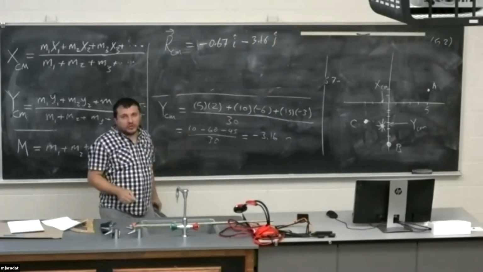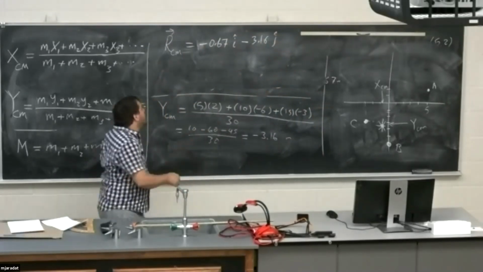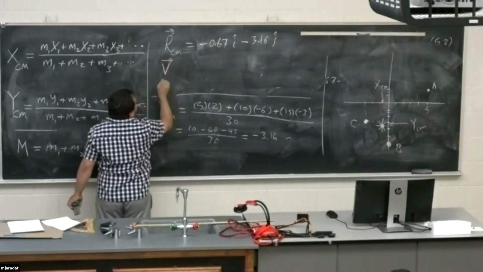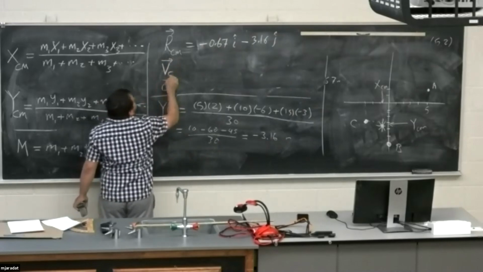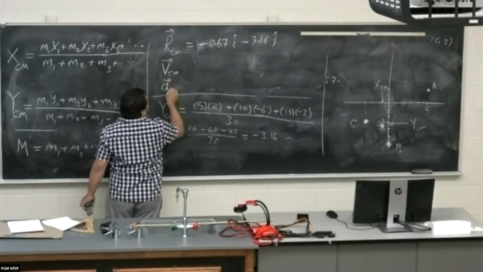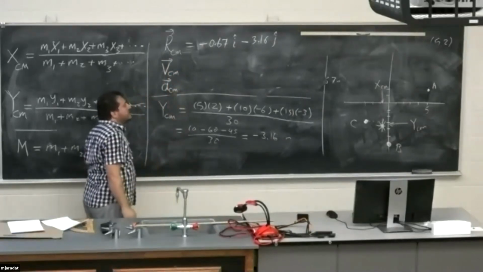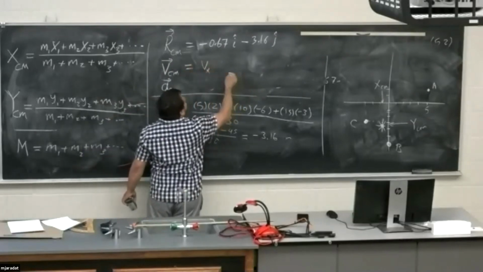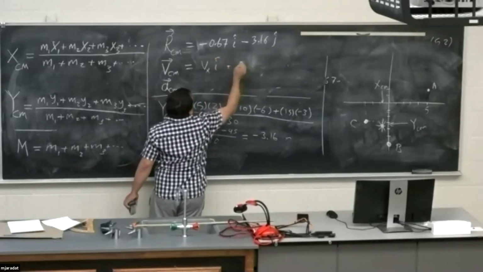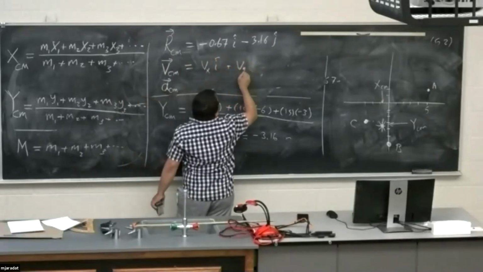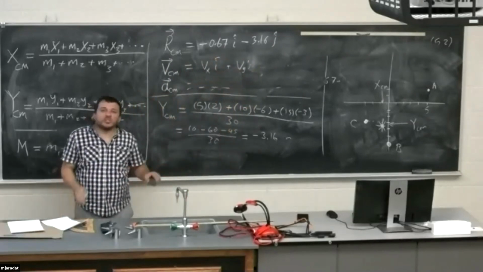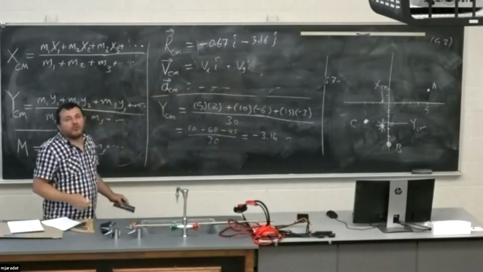We have a position vector and we have a velocity vector and we have an acceleration vector. We have also these things for the center of mass. It is simple. It will be Vx for the center of mass in I direction plus Vy in J direction, and also the same for the acceleration.